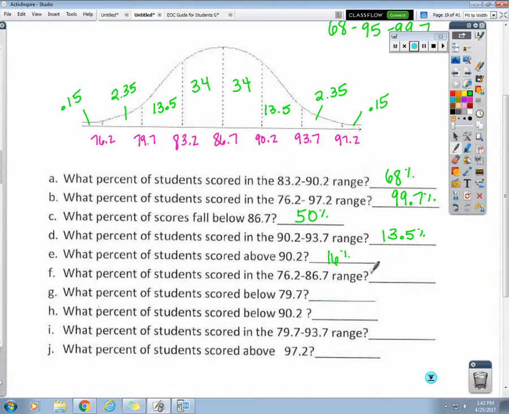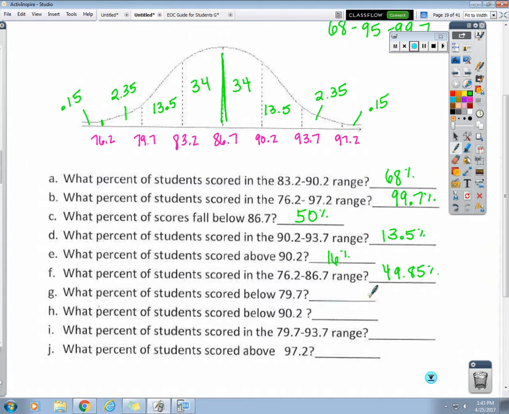What percent of students scored in the 76.2 to 86.7 range? 49.85. Does everybody know how they got that? You just go from 76.2, which is right here, to 86.7, which is right here, and you're just adding that number, and that number, and it adds up to 49.85. It's basically everything to the left except for 0.15. So 50% minus 0.15 is 49.85.